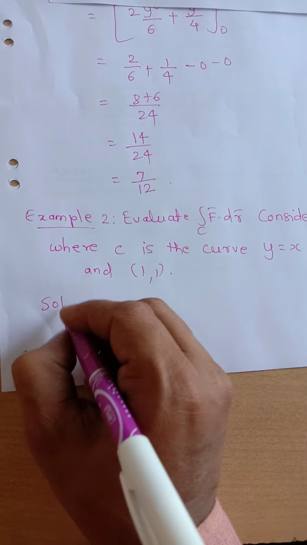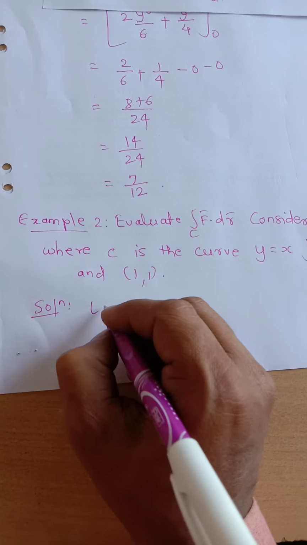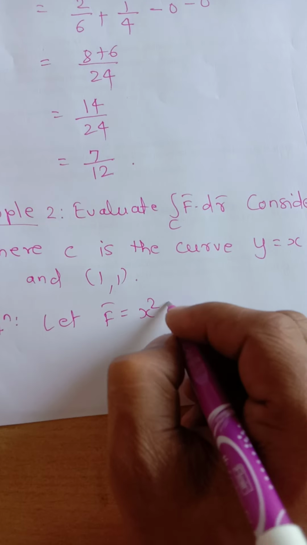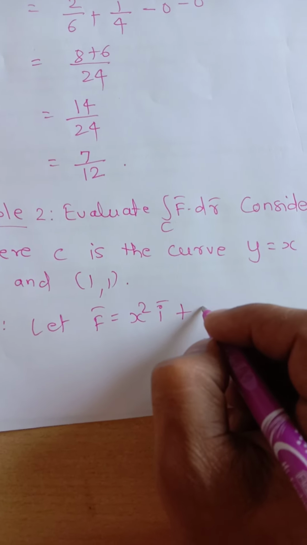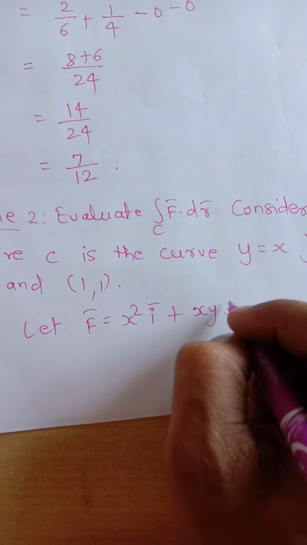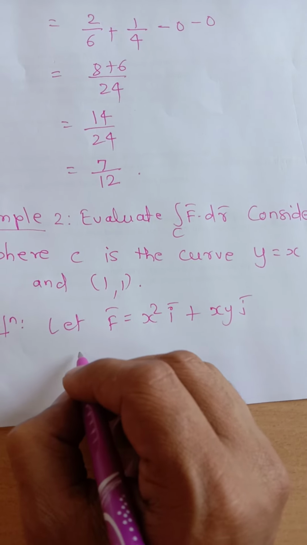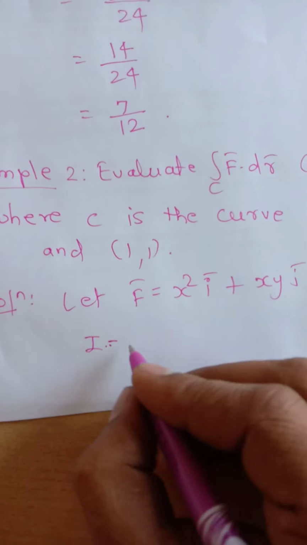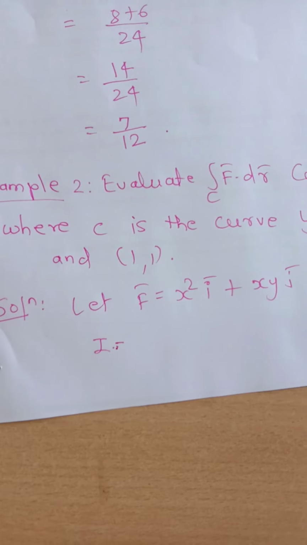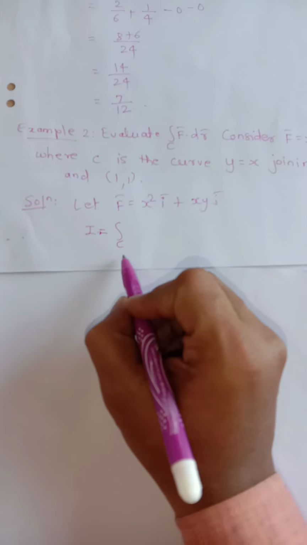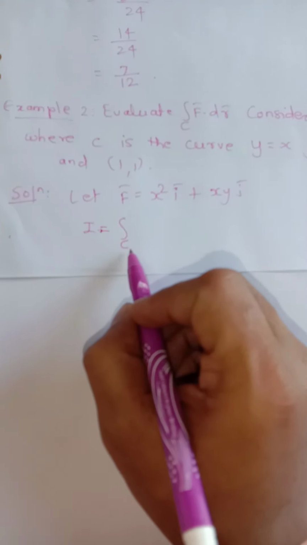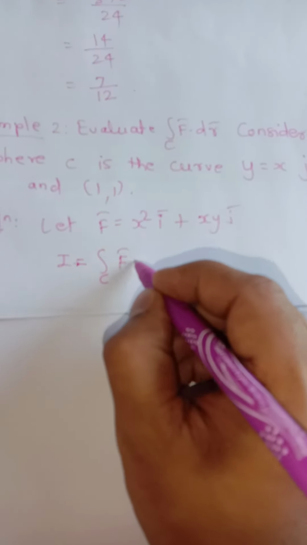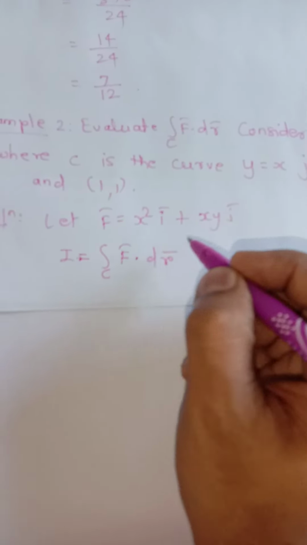So solution, let f bar is equal to x square i bar plus xy j bar. I is equal to the integration over C f bar dot dr bar.